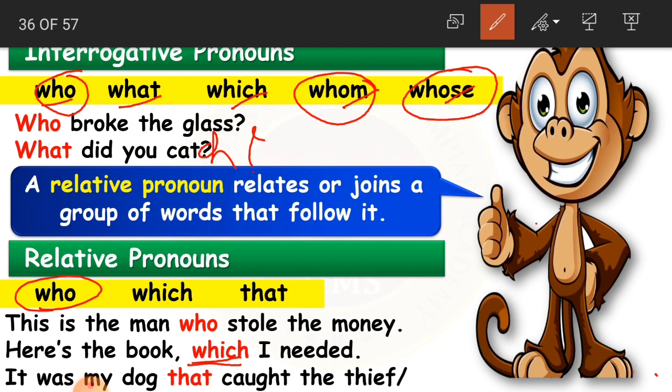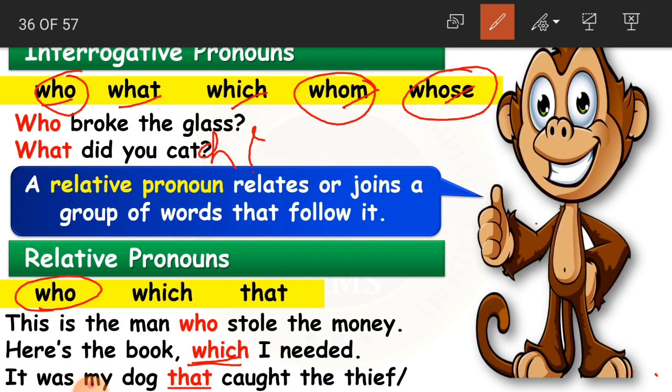That is also referred to an object. It was my dog that caught the thief. In the sense, it refers to both an animal or an object. Clear children? That is referred to an animal or an object. So like this you will be using the relative pronouns who, which and that.